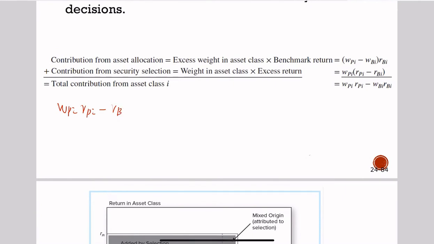And then let's decompose this return difference. What you can see here is, now I will do the decomposition.